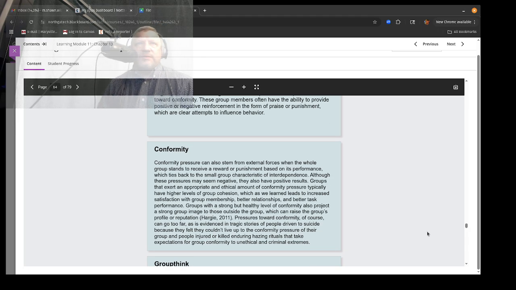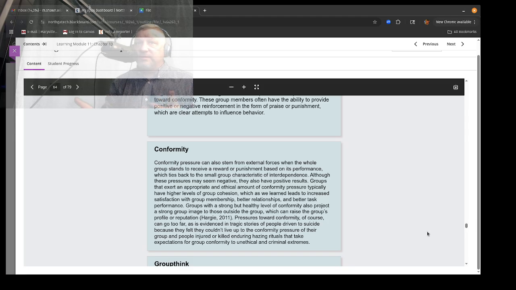Remember also, conformity pressures can stem from how a group is viewed out in the outside world, right? In the world around us, how is that group viewed? So that can create pressure. Sometimes groups can be so tough, so driven to finding a solution to a problem, that it can drive up the stress level of the individual members.